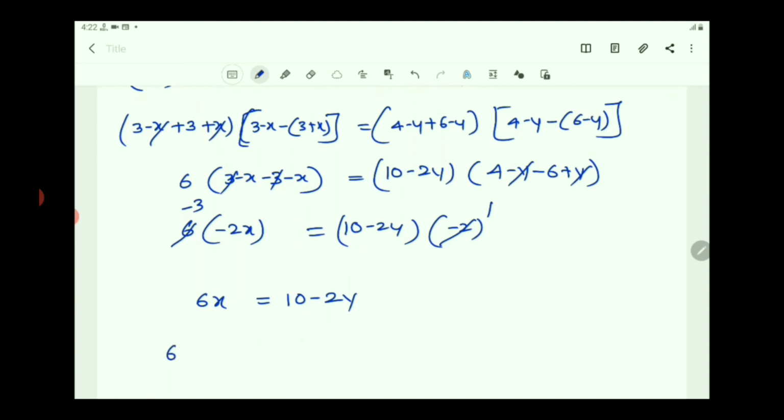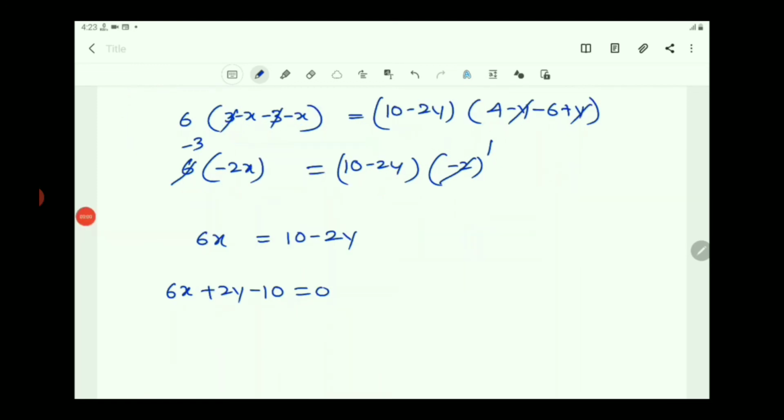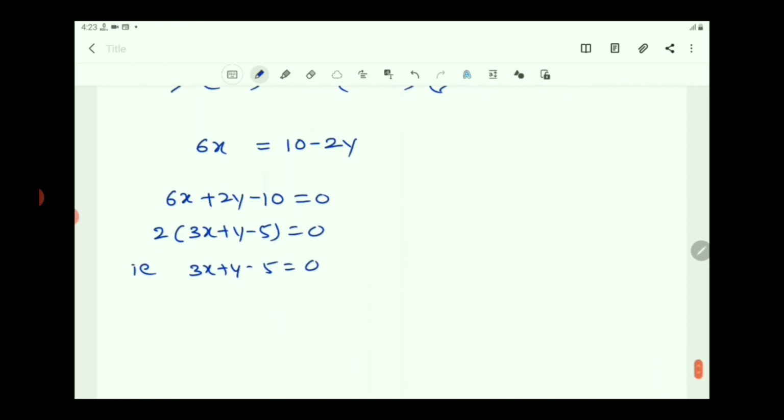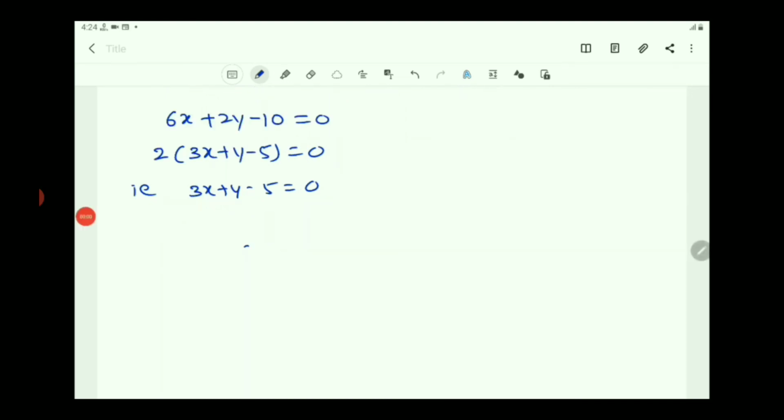If you bring it to the LHS, that becomes 6x plus 2y minus 10 equals 0, which is the equation. Again you can take 2 common, 2 into (3x plus y minus 5) equals 0. The equation becomes 3x plus y minus 5 equals 0. So you got the relation between x and y, that is 3x plus y minus 5 equals 0.